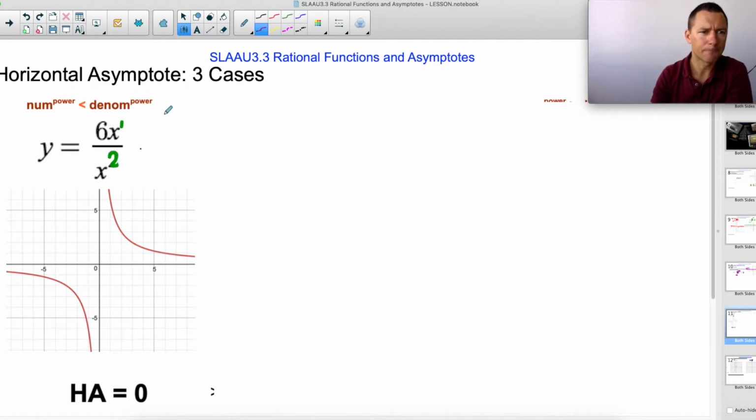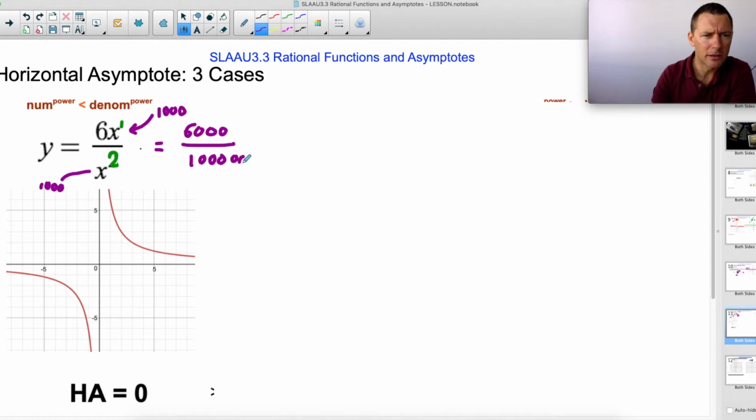If you put 1,000 in for x and 1,000 in for x, here you'd get 6,000. Here you'd get 1,000 times 1,000, which is 1,000,000. And even if you have 6,000 cookies, share them around 1,000,000 people, effectively everybody doesn't get much cookie.